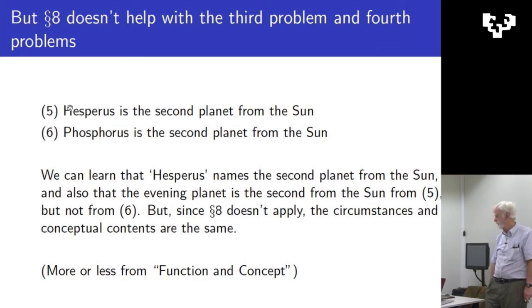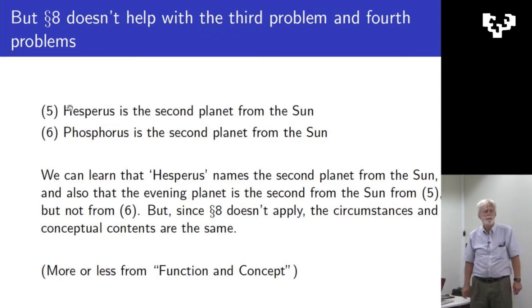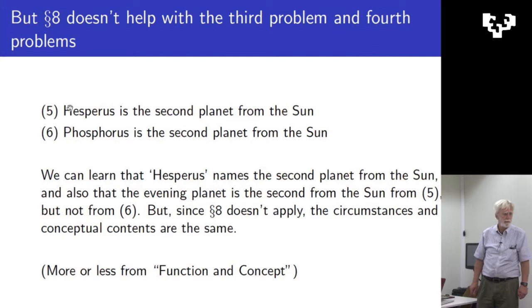If you take Hesperus as the second planet from the sun, Phosphorus is the second planet from the sun, you learn different things from those. Actually, again, in 2 levels. From the first, you can learn that the name Hesperus names a planet that is the second planet from the sun. You can't learn that from 6, and vice versa. You can learn that about phosphorus from 6, but you can't learn it from 5.